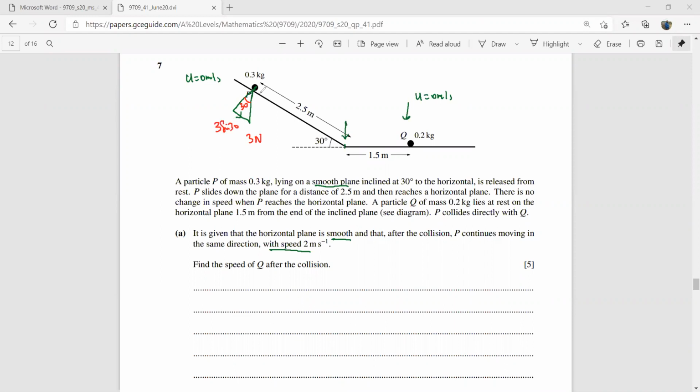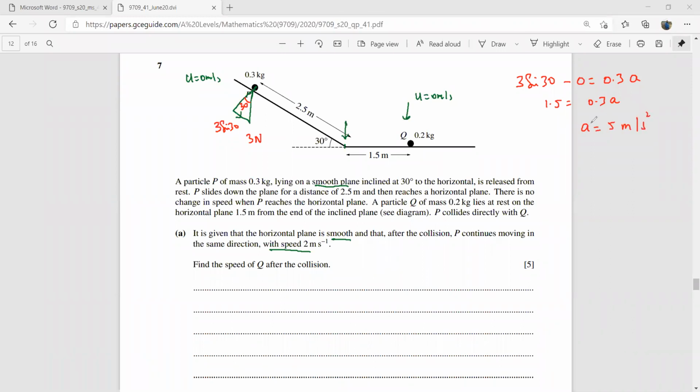Since it's a smooth plane, the downward force 3 sin 30 minus, there is no resisting force, is equal to ma. We love this formula. This is 0.3a. So this is going to be 1.5 equal to 0.3a. So your acceleration is 5, and I'm doing all of this mentally.